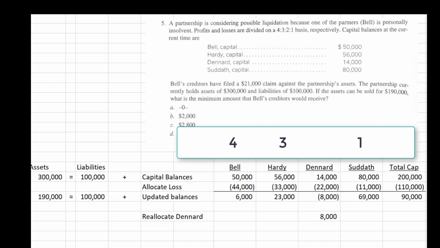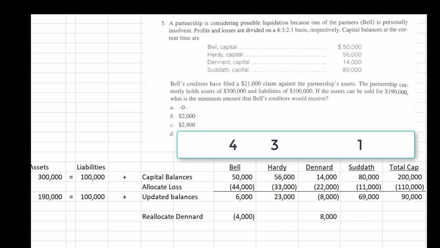So Bell has to take the hit for half of Denard's negative balance. Hardy has to take 3/8. What's 3/8 of 8? 3. And Sudith is now a 1/8 partner. Instead of 10%, 1/8. What's 1/8 of 8 is 1,000.